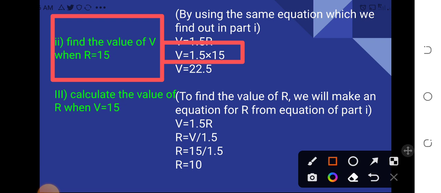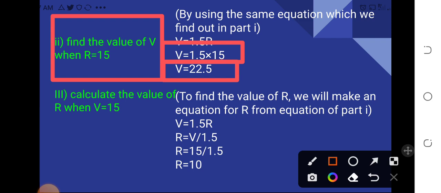By multiplying 1.5 with 15, we get our answer of this part, which is V is equal to 22.5. And this is the answer of our second part of this question: find the value of V when R is equal to 15.